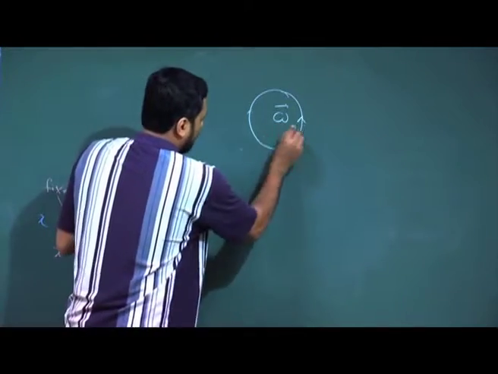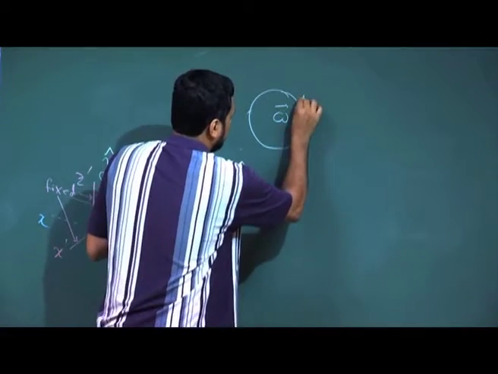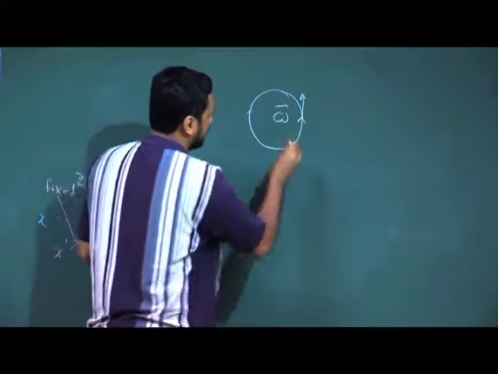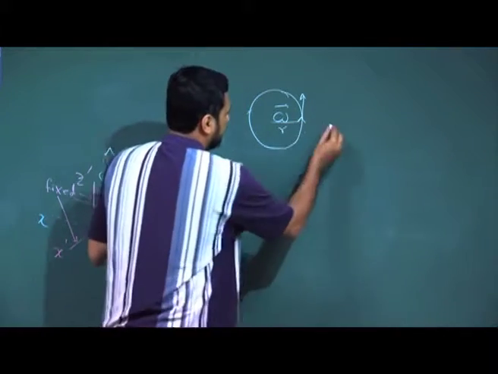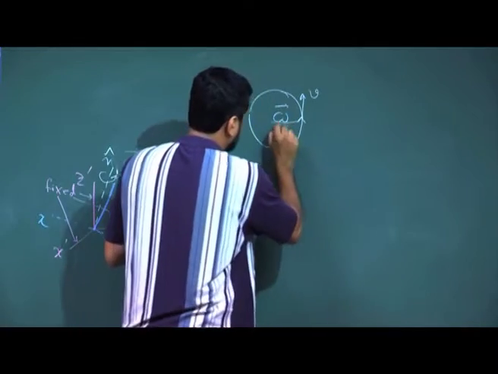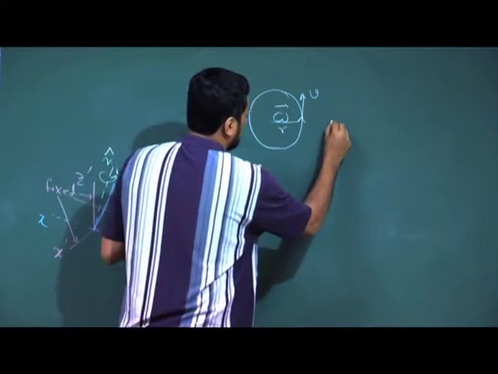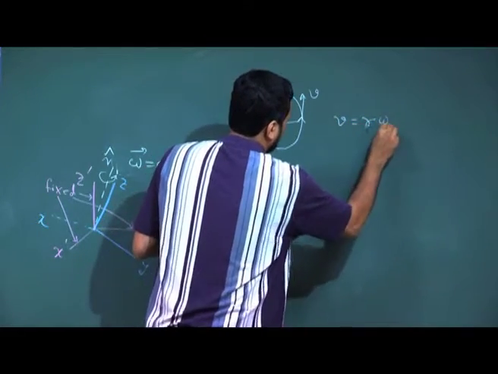Now, if omega is constant in this case, think of the corresponding linear velocity. If the radius vector is r, then the speed v and omega are related by v equal to r omega.